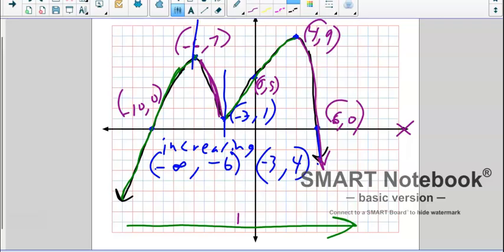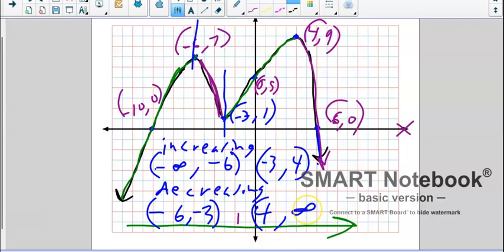So it's increasing between those points. And then it's decreasing from that -6 to the -3. Again, we're using parentheses because it's not really touching. And from 4 towards positive infinity, because it's just going to keep going. And it's going to keep decreasing forever down to the right.